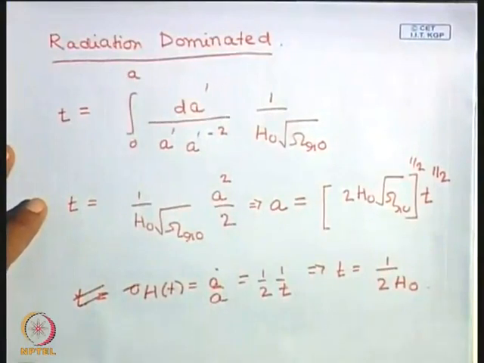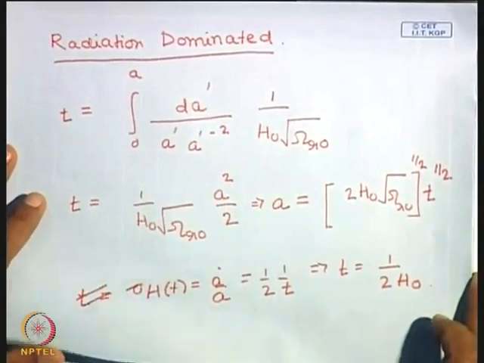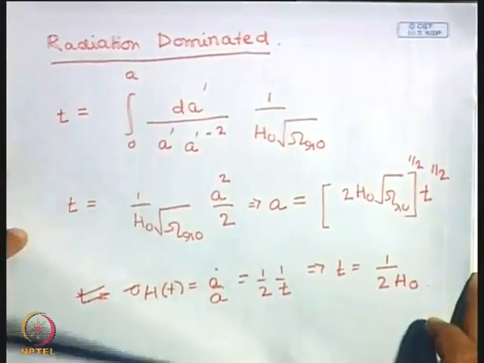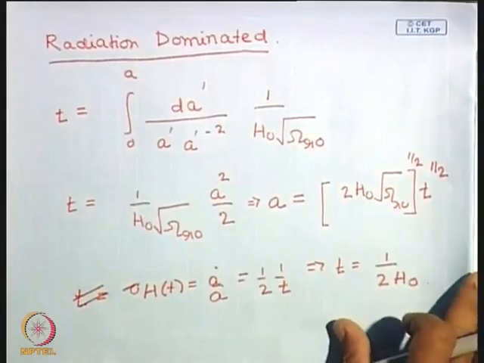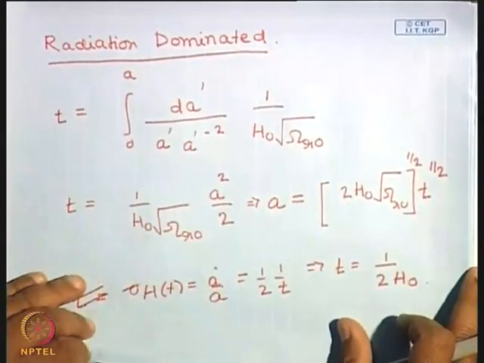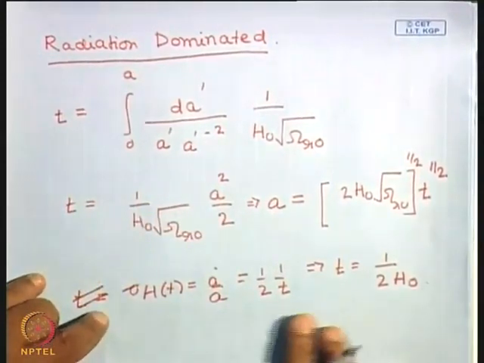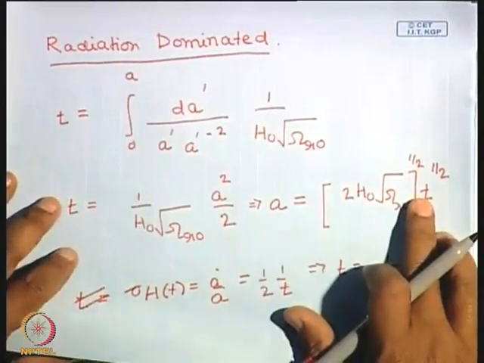The expansion law is t to the power 2/3. You can check that you recover the same thing again for the matter dominated universe. I will not go through it here. So for a radiation dominated universe, the expansion is t to the power half.